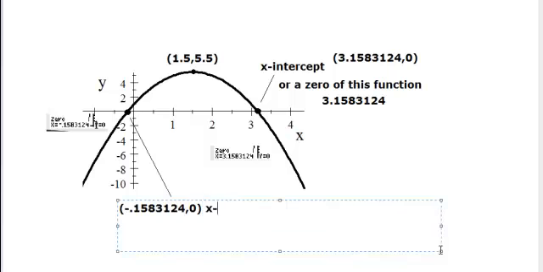So this is the x-intercept. And then if I just write this, 0.583124, this is a zero of this function, right? Am I clear? So it's got two zeros. You will have more zeros. Okay, not functions, function. Everybody fine so far?